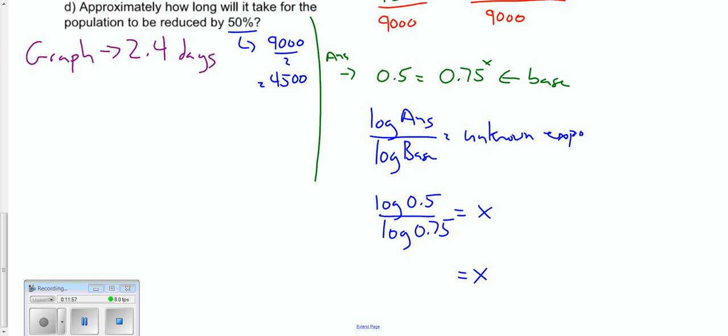And so on my calculator, I need to press the log button and then 0.5, and then divide that by log of 0.75, and that spits out an answer of 2.41 approximately. Okay, so my graph was very accurate, but if you get into a situation where you don't have the graph, you can use a logarithm to figure it out by doing the log of the answer divided by the log of the base, and that will equal your unknown exponent.